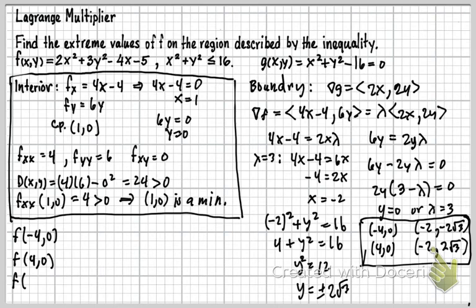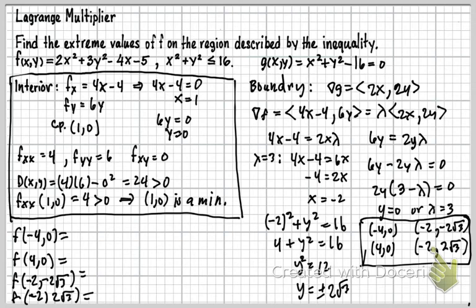But again, remember, I'll do it for the first one, just so you see how it works. And right, I picked the easy one, right? That's what teachers do sometimes. And the 4th one is down here. That's going to be negative 2, comma, 2 square root of 3. All right, so there's the 4 points. And honestly, we're just looking for maxes and mins here. So the biggest and the smallest.